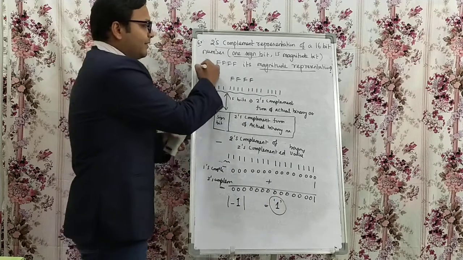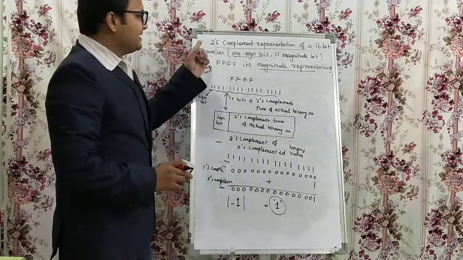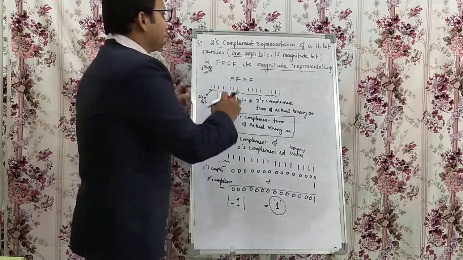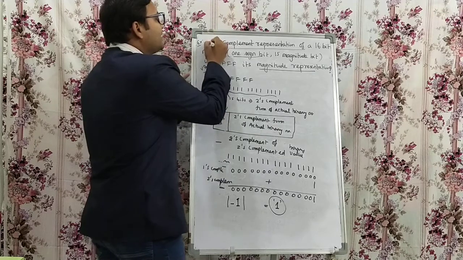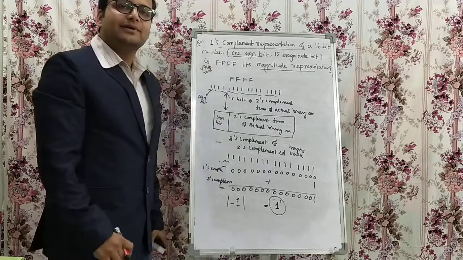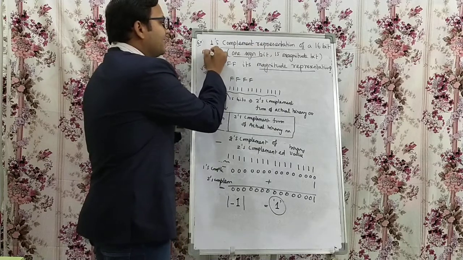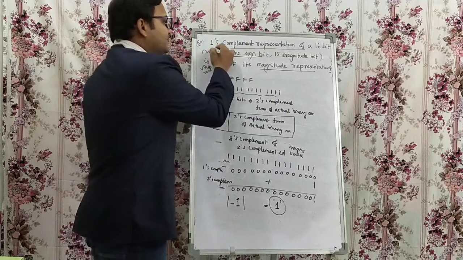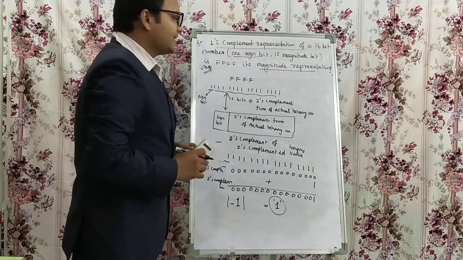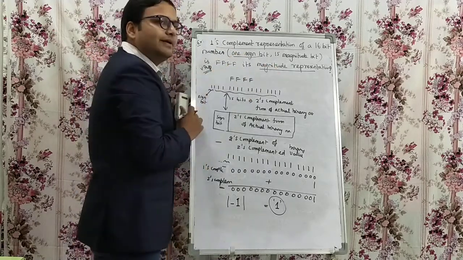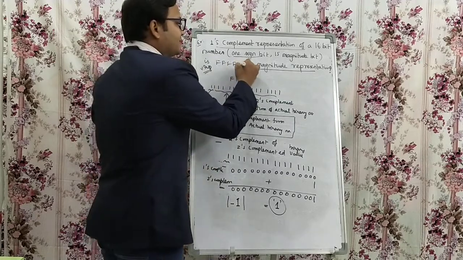So this is a very important question from the GATE perspective. Now if you change the question so that instead of 2s complement, it is 1s complement form. Say the 1s complement representation of a 16-bit number, with 1 sign bit and 15 magnitude bits, is FFFF.